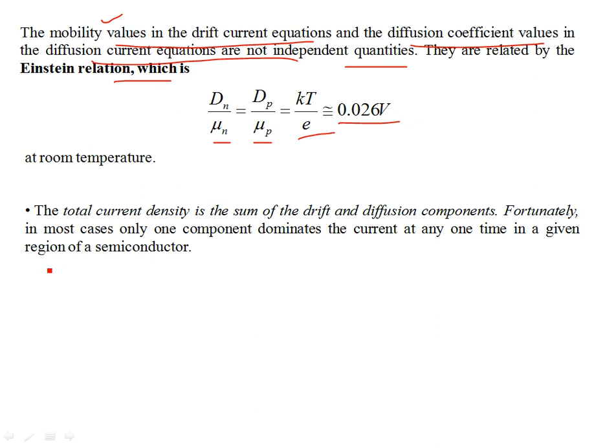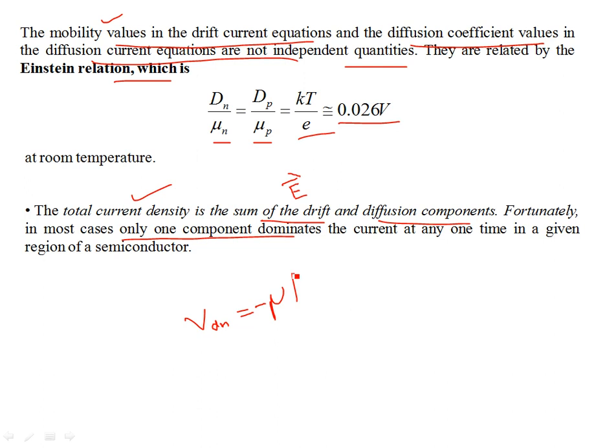Now the total current density is the sum of the drift and diffusion components. Fortunately, in most cases, only one component dominates. But you must remember that the drift current is due to the applied electric field. The drift velocity, VDN or VDP, doesn't matter, let's say this is VDN, has a linear relationship with the applied electric field.